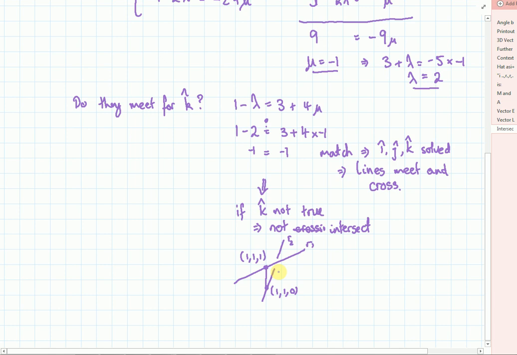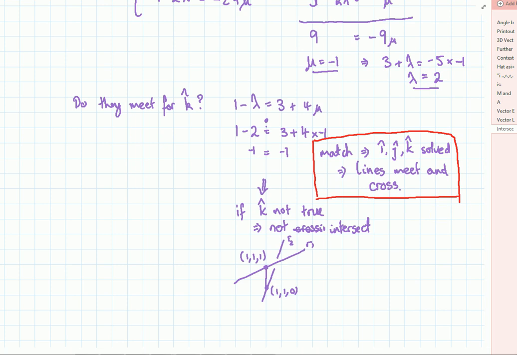One's crossing over, they're crossing, but they're not intersecting. That's the alternative solution to that. This one gives this. And the second one is if the K doesn't match, they're not intersecting.